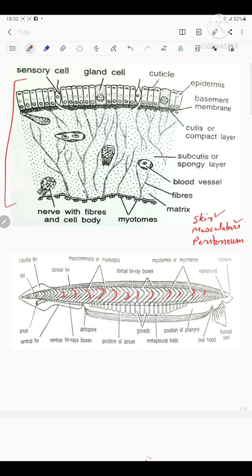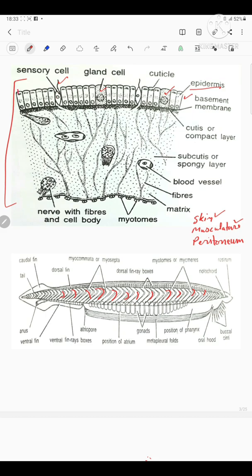Skin is formed of two types of layer. Outermost layer, that is known as epidermis, having columnar cells. These columnar cells have a number of gland cells which are responsible to secrete cuticle, and sensory cells sense the chemical nature of the water.